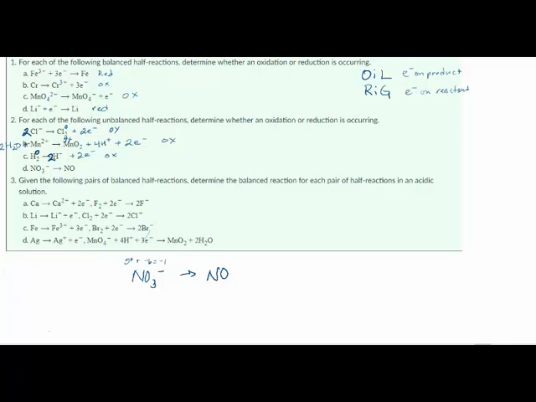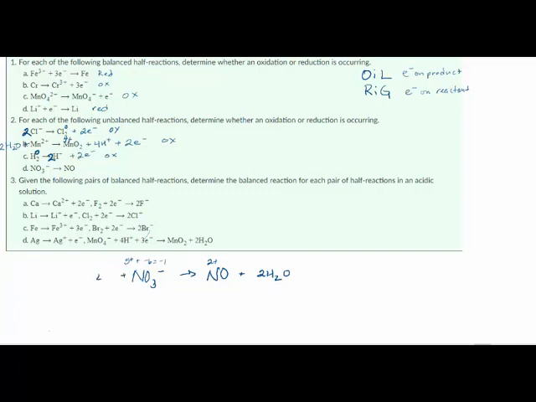So let's balance this half reaction. It's good practice. In order to balance our oxygens, remember we add water. I need 2 waters so that I have 3 oxygen atoms on each side. Now to balance my hydrogens, I'm going to add hydrogen ions. Now I need to analyze my charges.